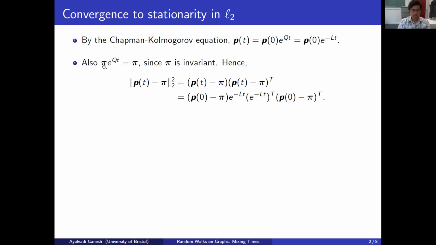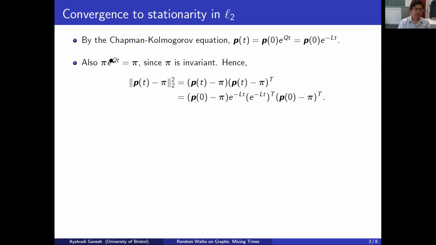Okay, what about pi e to the Qt? Since pi is invariant, if you start in distribution pi, you stay in distribution pi forever, and in particular t time steps later. And so this is the same as pi. Or if you prefer to think of it more formally, expand e to the Qt in a power series.